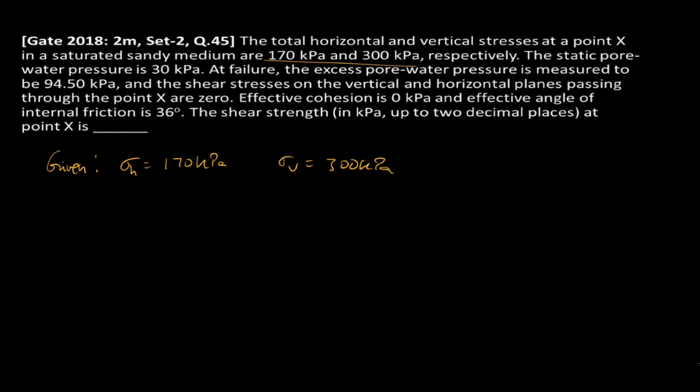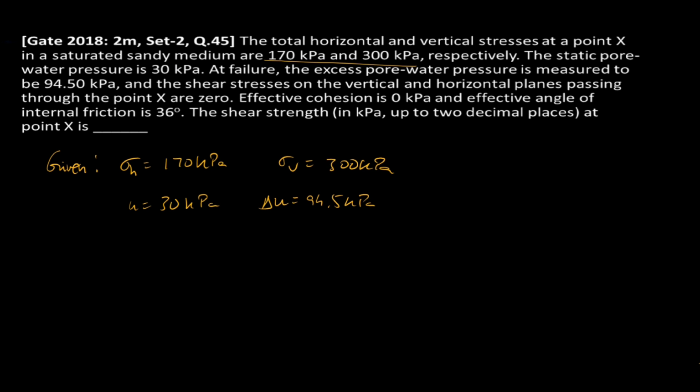The static pore water pressure u is equal to 30 kilopascal. At failure, the excess pore water pressure is measured as 94.5 kilopascal. And the shear stresses on the vertical and horizontal planes passing through the point X are 0.